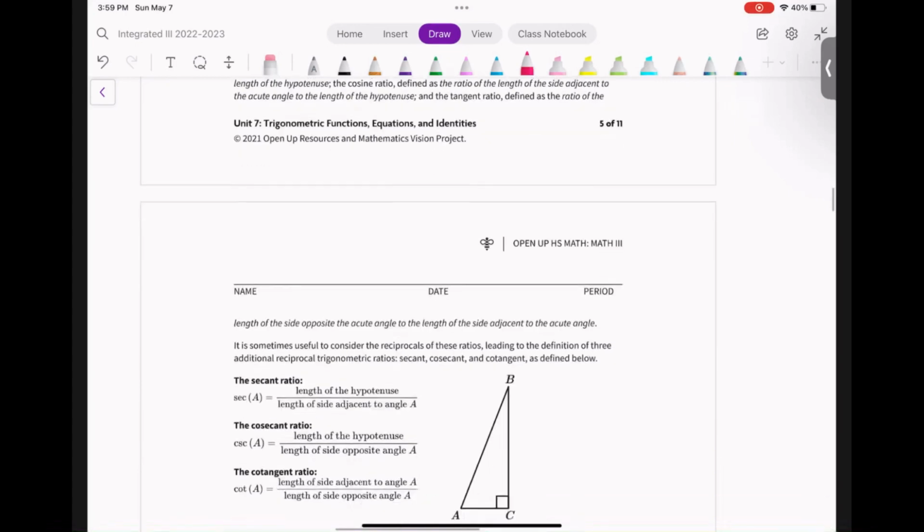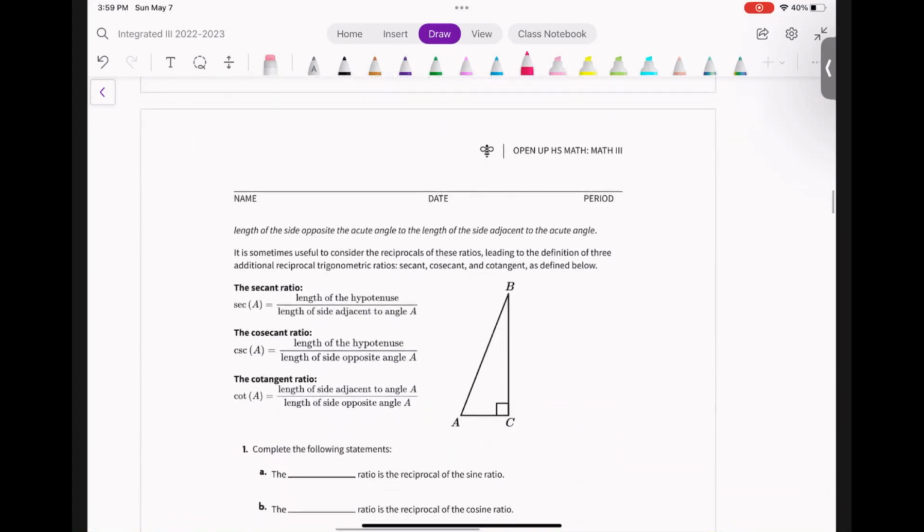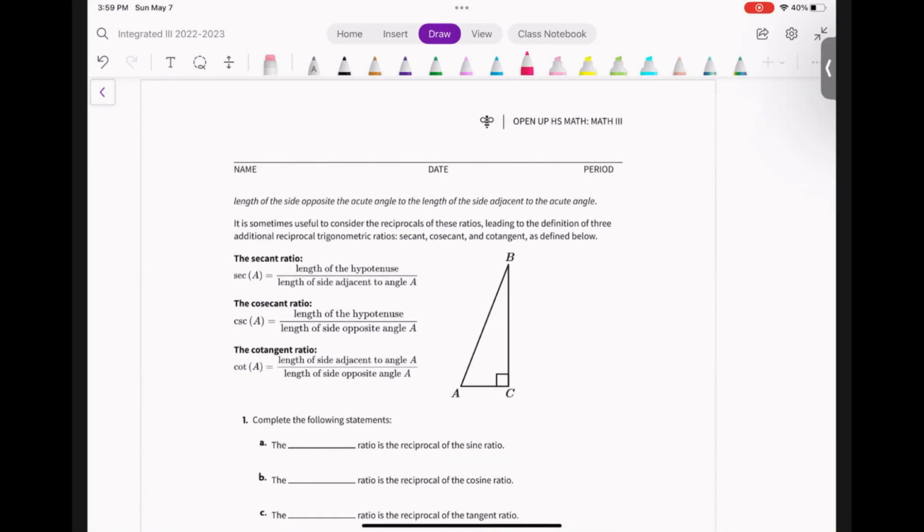It's sometimes useful to consider the reciprocals of these ratios, leading to definitions of three additional reciprocal trig ratios: secant, cosecant, and cotangent. So these are just three of them.